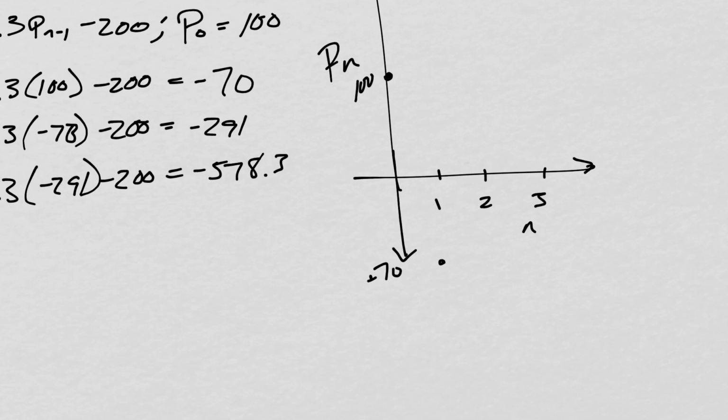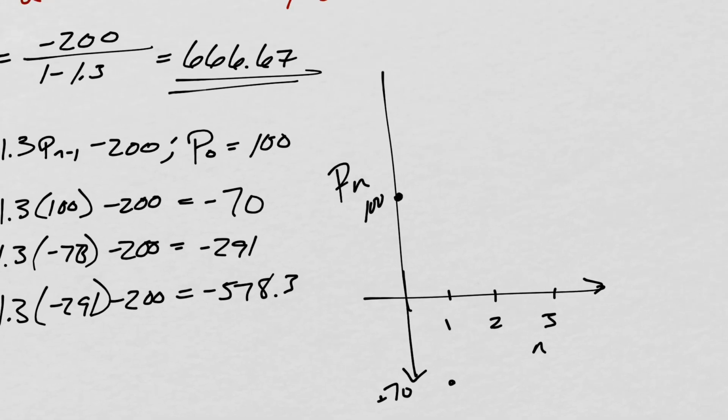At 2, we're at negative 291, much further down. And at 3, we're off the table. Well, keep in mind here that our equilibrium value is way up here at 666.67. And so every successive step, we're moving further and further away.